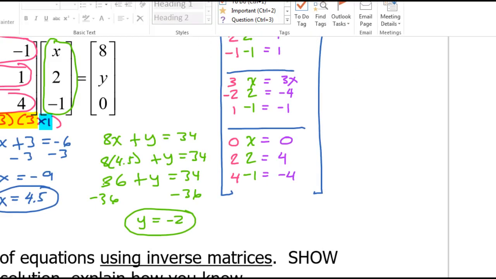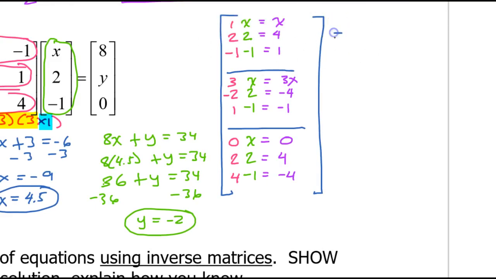Okay, this won't need to be as tall anymore. So my first row is going to be, if I do x plus 4 plus 1, that's just going to be x plus 5. That's my first row.